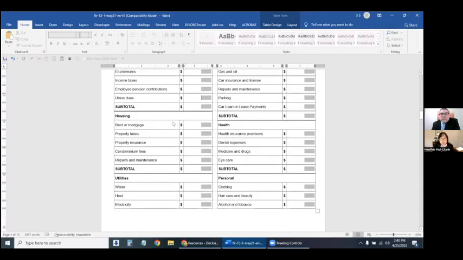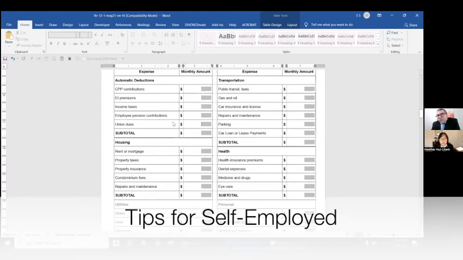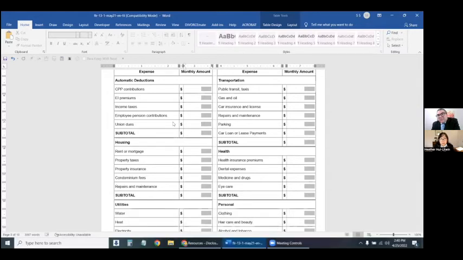And then you have the self-employed. So we're going to talk about self-employed, and then there's the third issue, and 3 and 4, which we'll talk about very quickly.